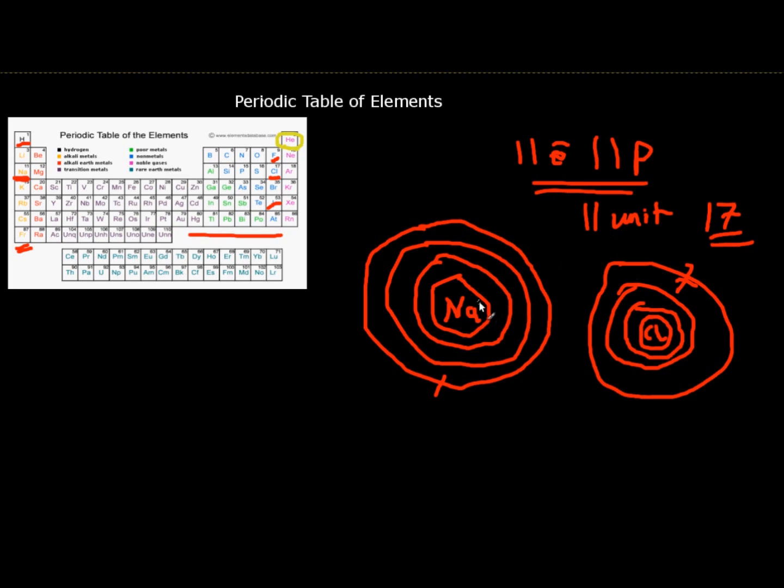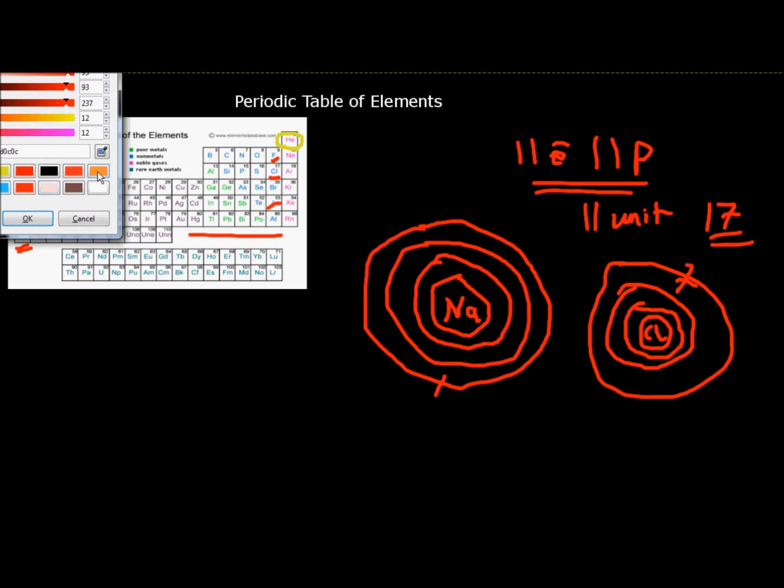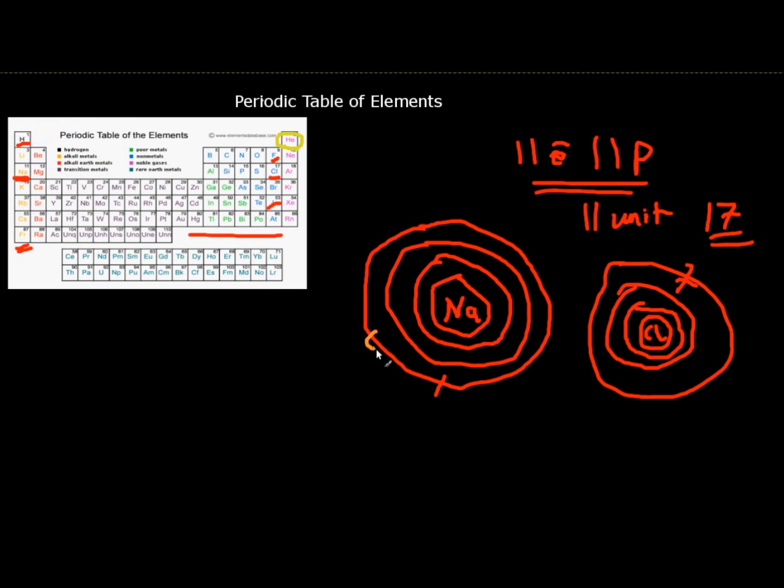So if you consider any electron in the valence shell, that's the last shell, we'll draw one here as well. As you can see, I've drawn one electron over here, one electron over here. As we established earlier, 11 units for Na, so this electron is getting pulled with 11 units.